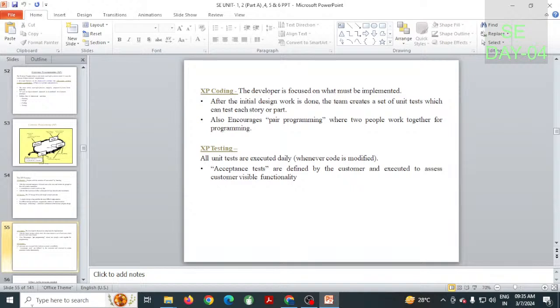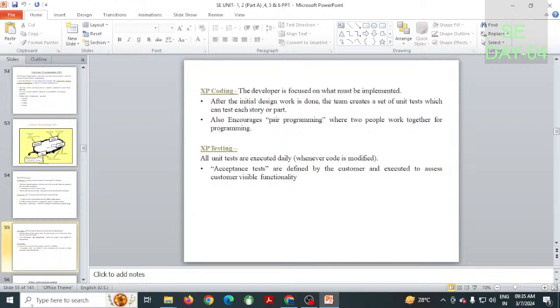This activity also encourages pair programming, where two people work together on programming. That is about the extreme programming coding activity. Now, extreme programming testing.